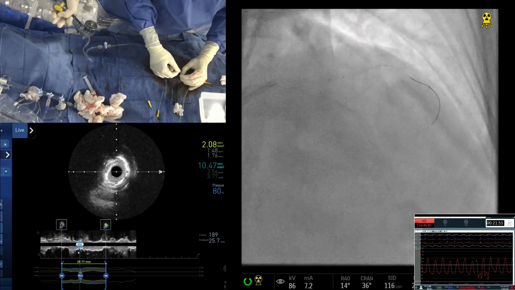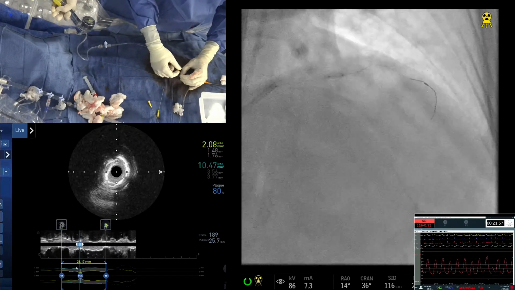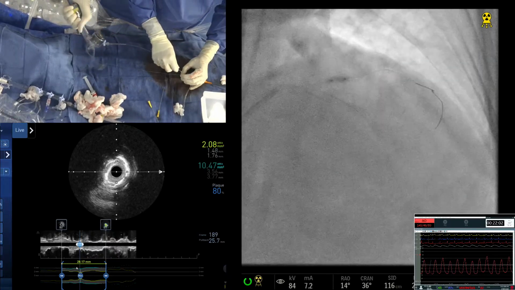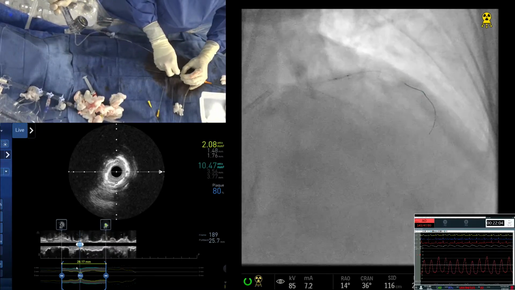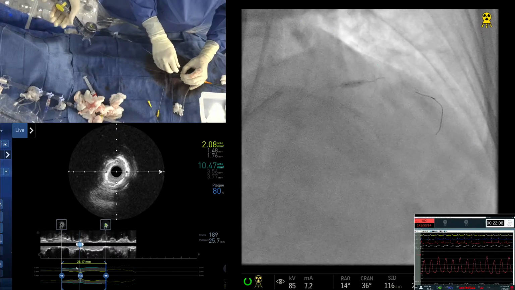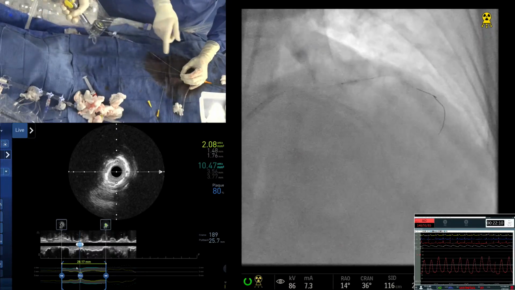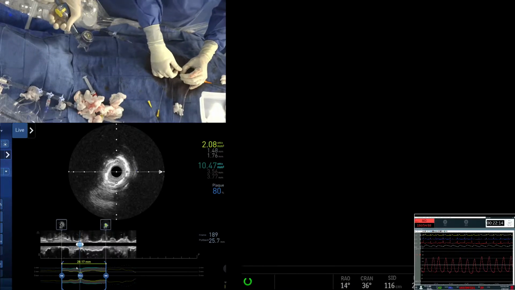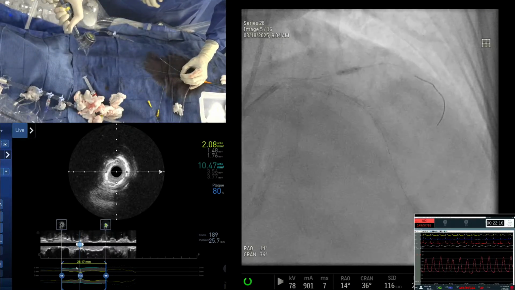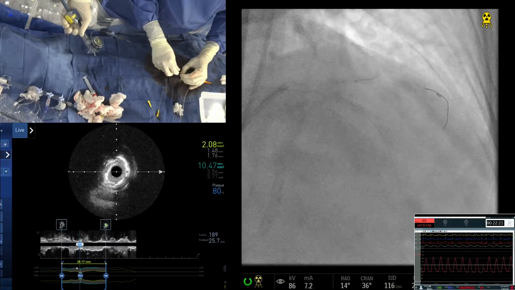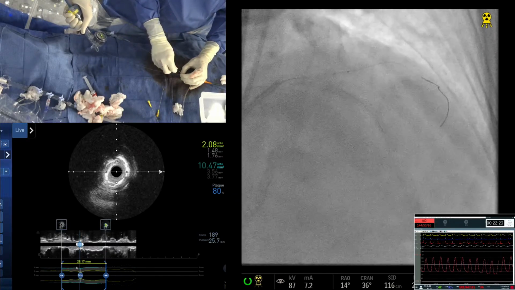Go up. 16. Okay, down. Go up here. Go up, 16. So native vessel with this Wolverine, we can go all the way.